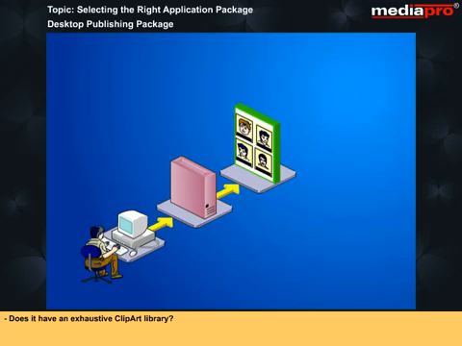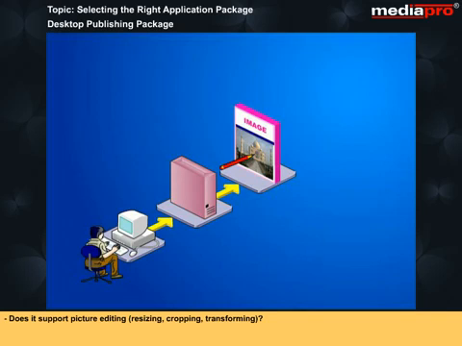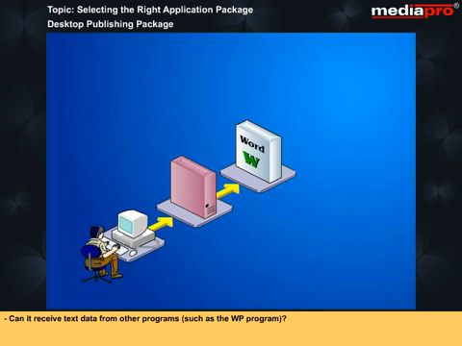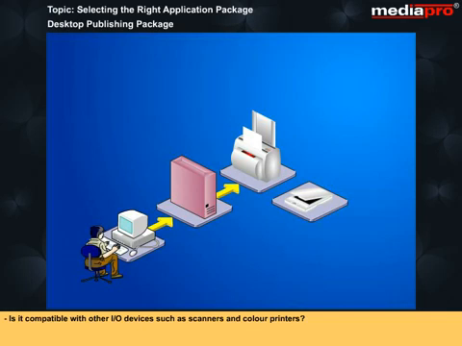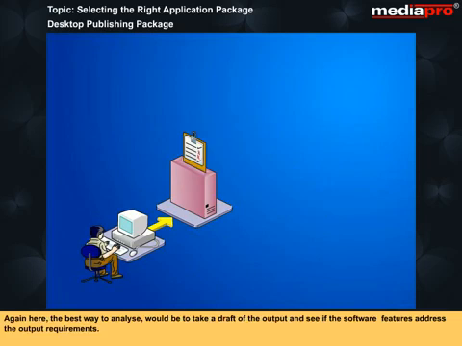Does it have an exhaustive clip art library? Does it support picture editing, that is resizing, cropping or transforming? Can it receive text data from other programs, such as the word processing program? Is it compatible with other input-output devices, such as scanners and color printers? Again here, the best way to analyze would be to take a draft of the output and see if the software features address the output requirements.